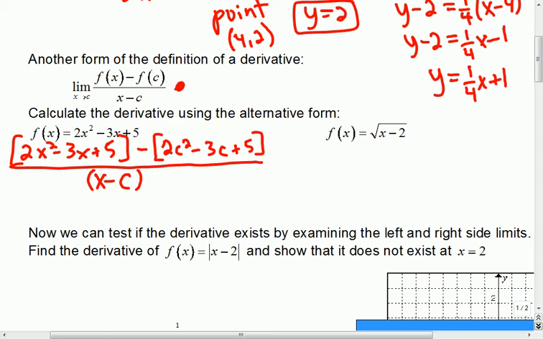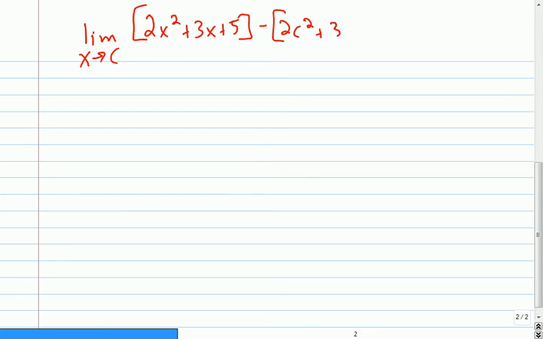So just so I don't cram it in, I'm going to go to a full-sized page. Okay, so this is where we were. The limit as x goes to c of... and let's see what we can do here.